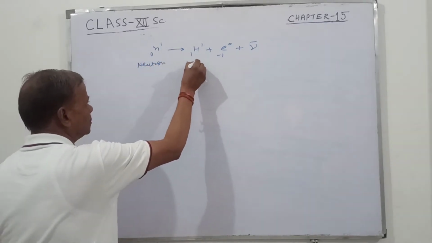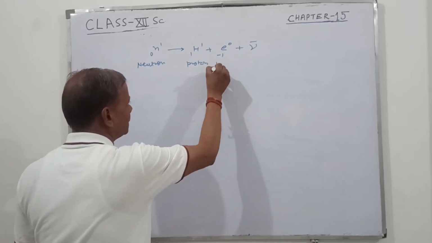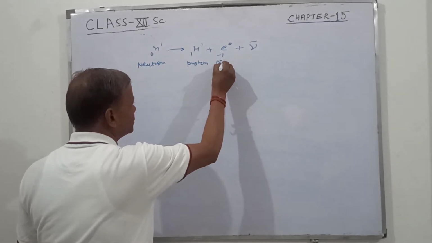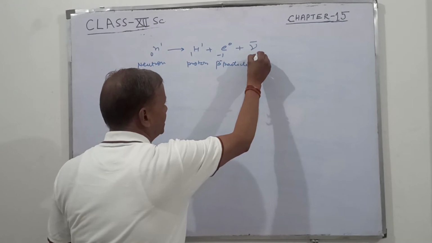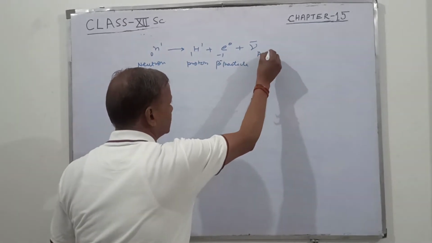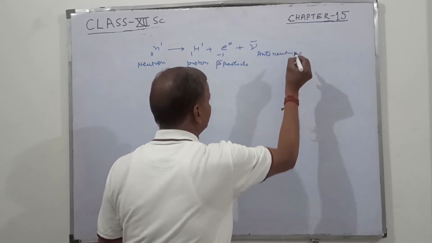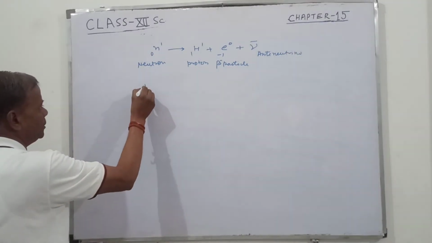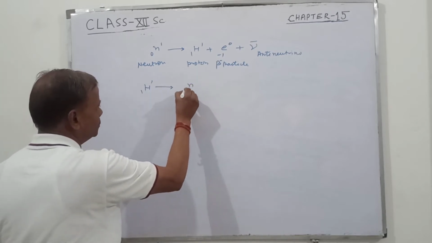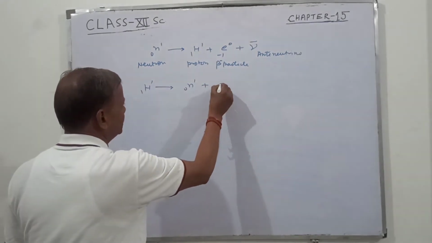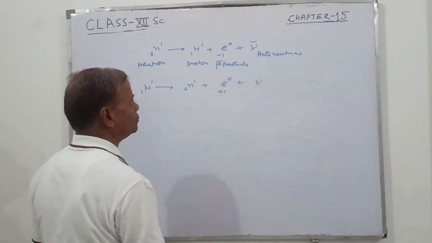Neutron, proton, beta minus particle, and this is antineutrino. Similarly, when the proton H11 converts into neutron, then this is beta plus 1 0 plus neutrino.